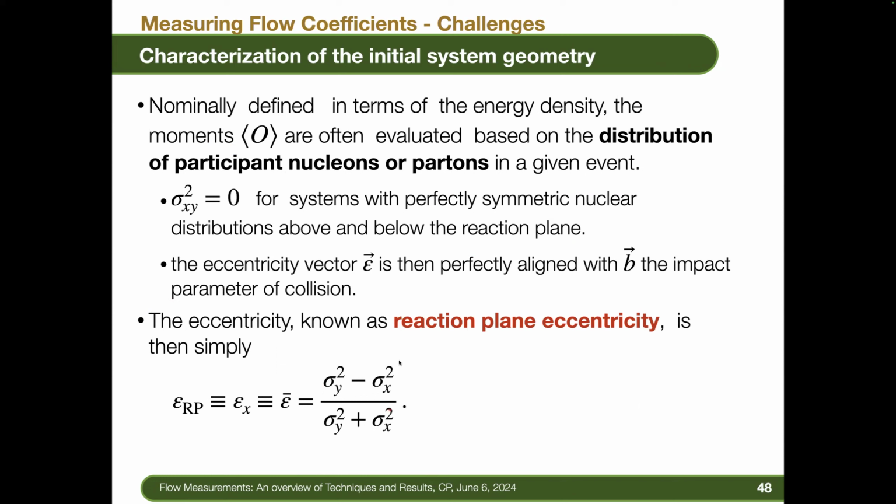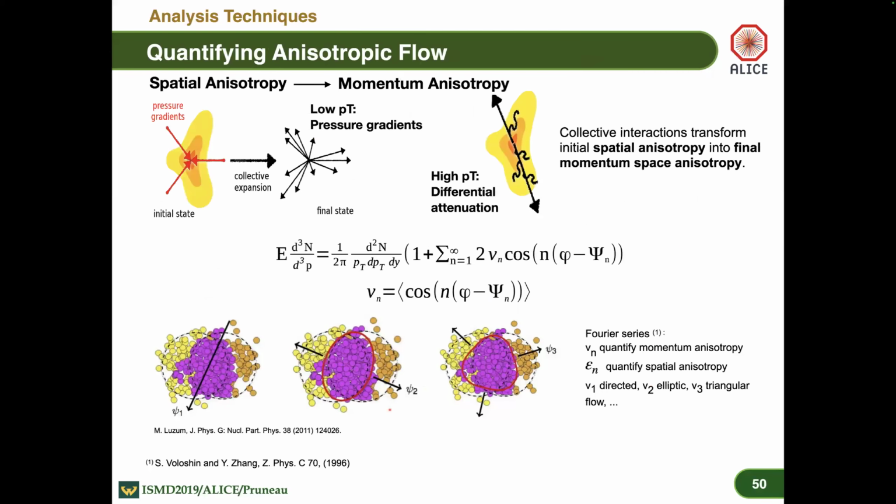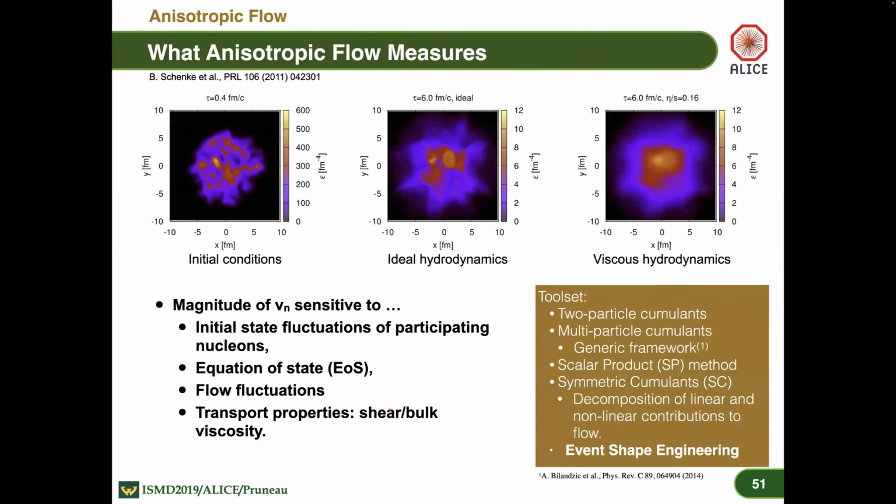That means that when we collide nuclei at a given impact parameter, we know what the eccentricity is. We know what the Vn coefficients are, and so then we can ask ourselves, what is the relation between these eccentricities and the coefficients? Let me skip. And so this is our program.